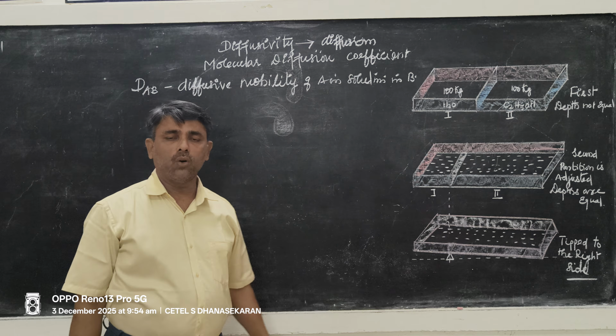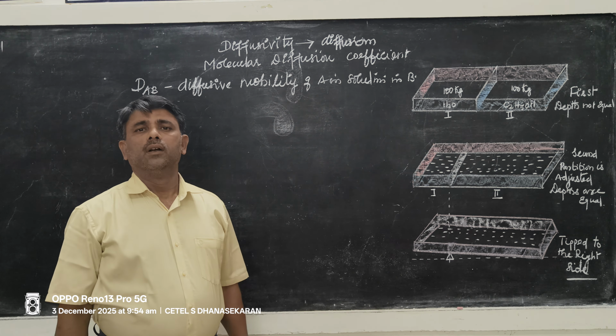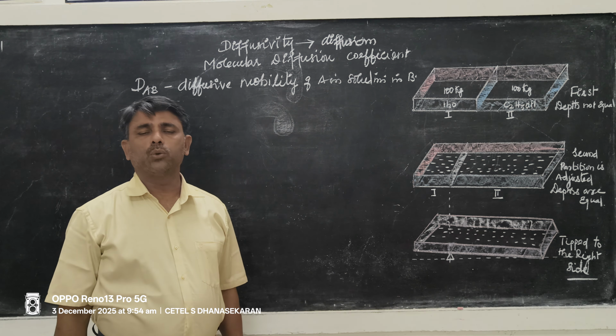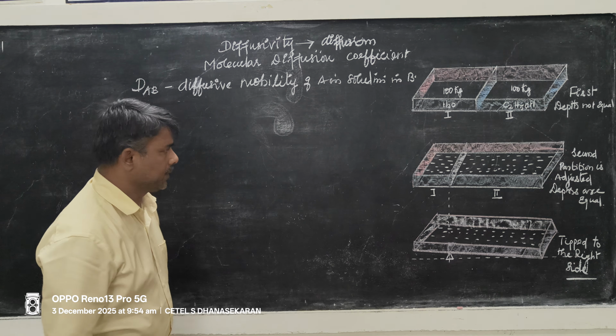It is the ratio of flux JA to its concentration gradient.